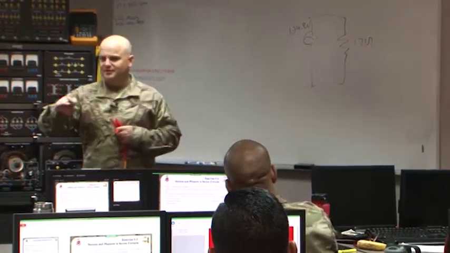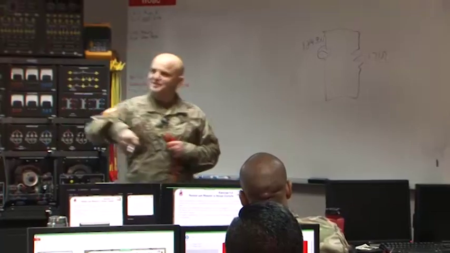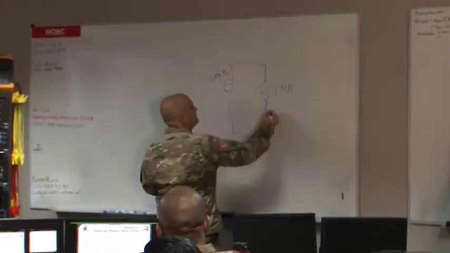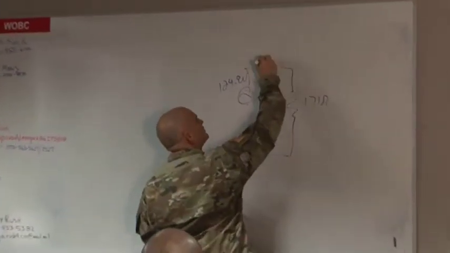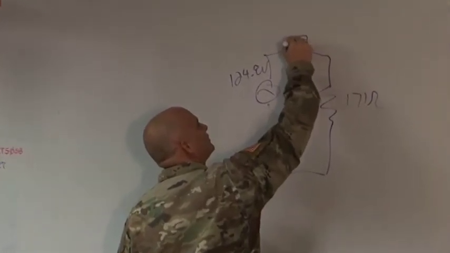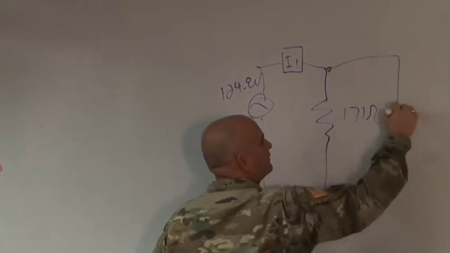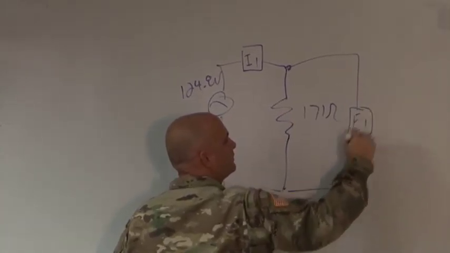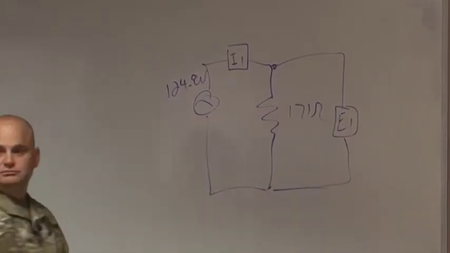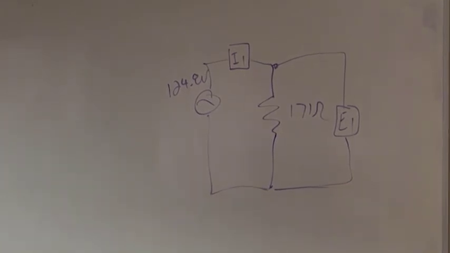All of them. 300, 600, and 1200. 171 ohms, okay? Then I'm going to put that there, like that, okay? And we're going to display everything, all right?